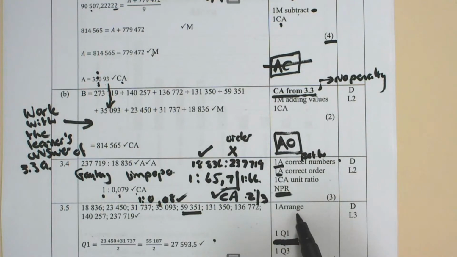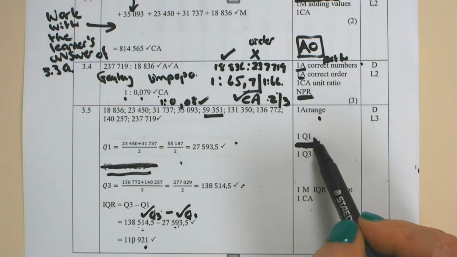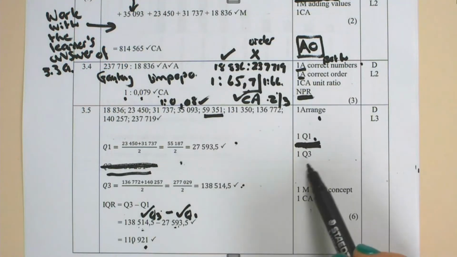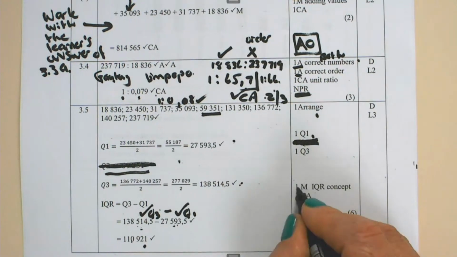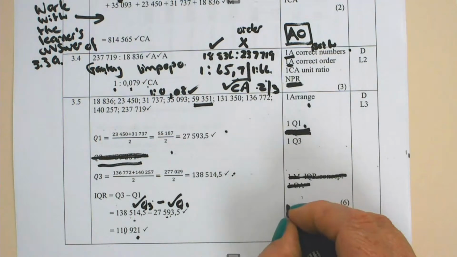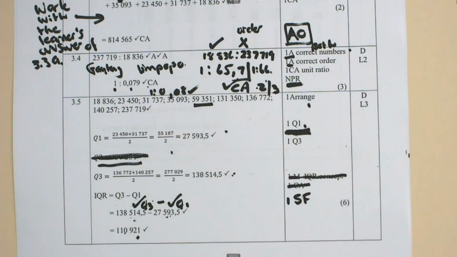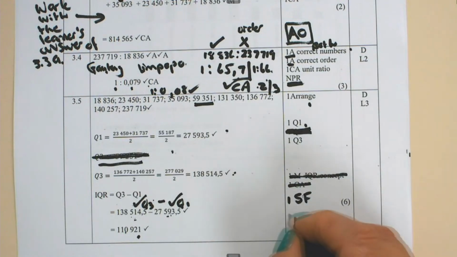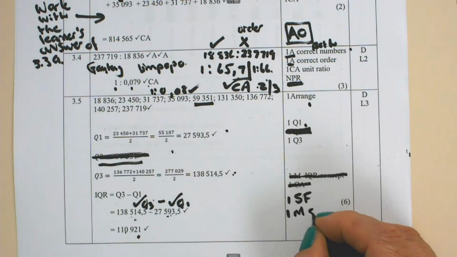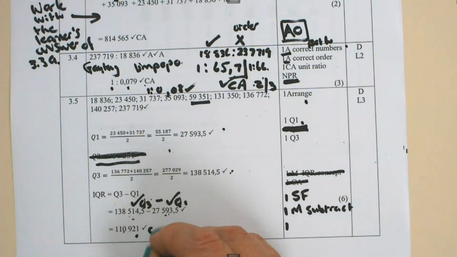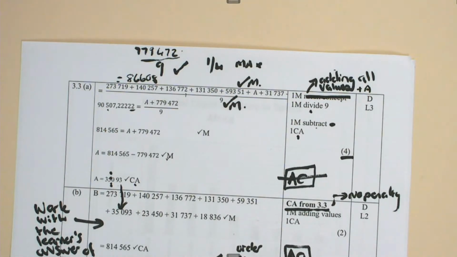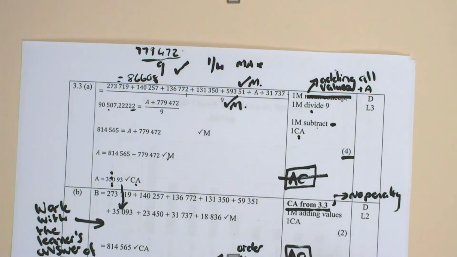Let us then say, 1 mark is for a range, 1 mark is for getting Q1, 1 mark is for getting Q3. Then we put here 1 mark for SF for correct substitution, 1 mark for method of subtract, and 1 mark for the final answer. If the learners did not arrange, no penalty.